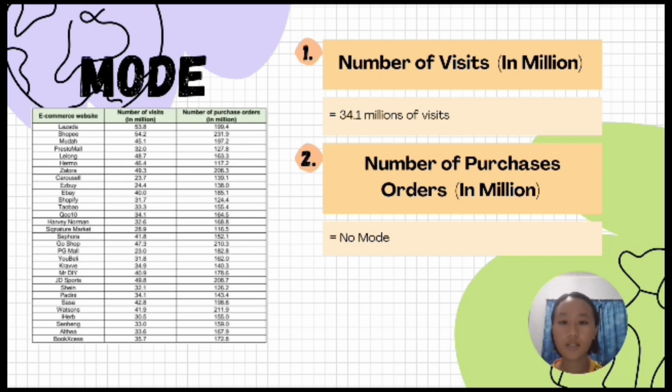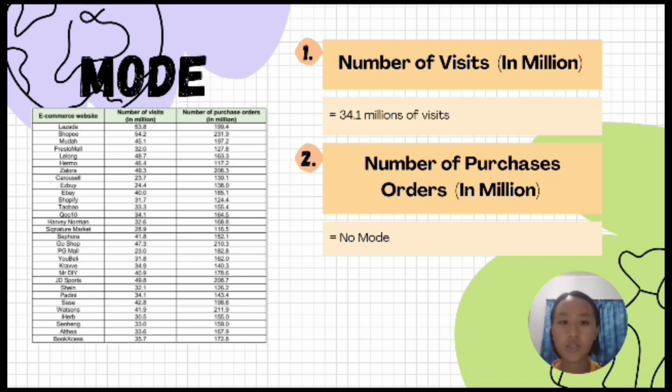Last but not least, a measure of central location is the mode. Mode is the most frequent amount or value in the data. So from this data, the first metric is traffic, the number of visits in millions.